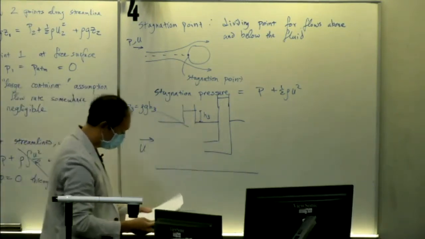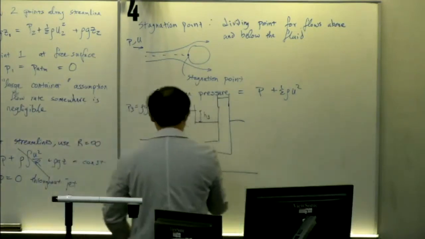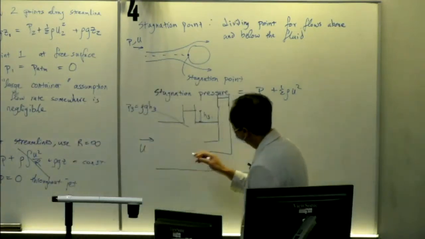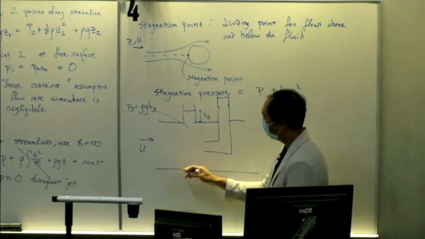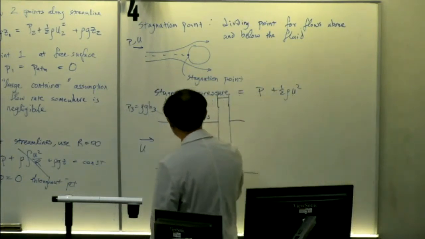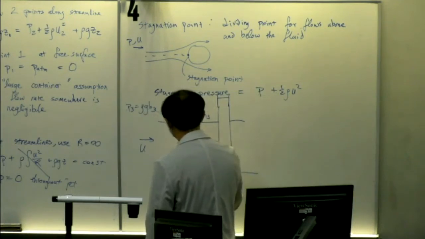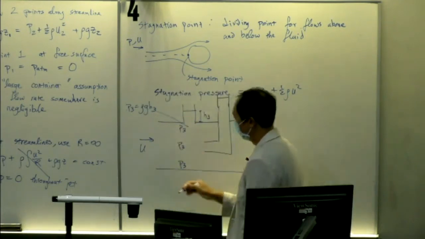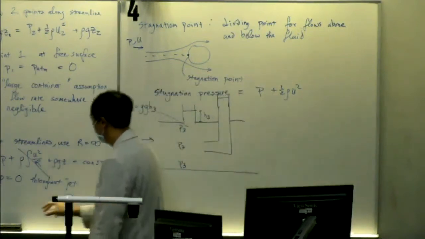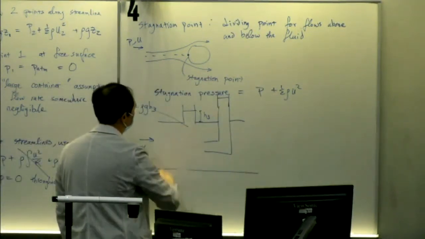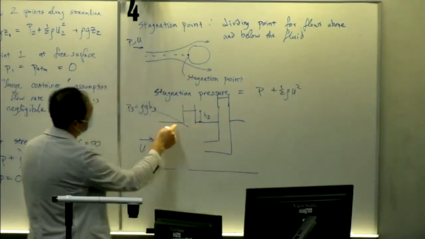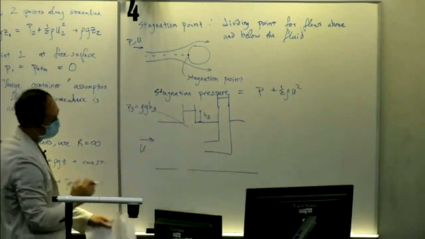And the way we look at these Bernoulli equations, we assume that there's no wall effect on the walls. So the pressure P3 is here, and it's also here. Basically, the pressure is constant along. Oh wait, no, that's not true, because you have hydrostatics. But the pressure is P3 right underneath that part here.